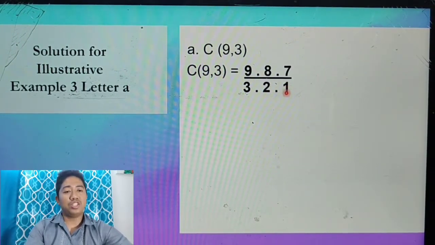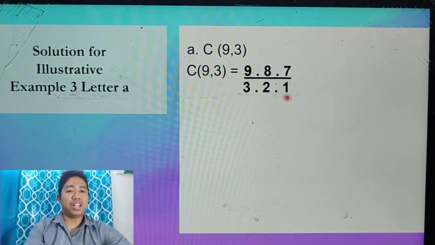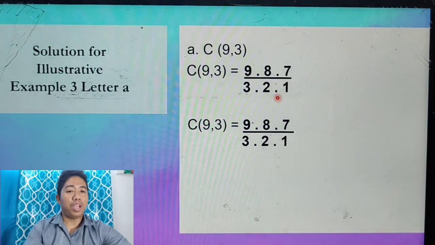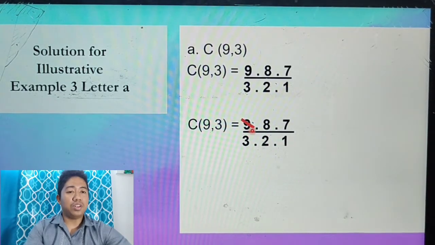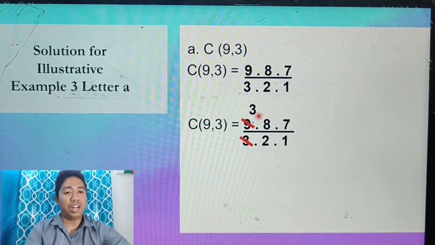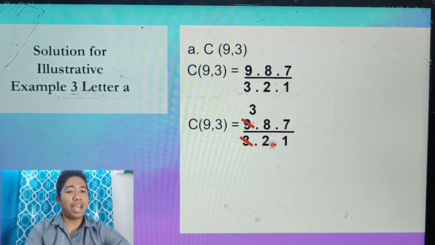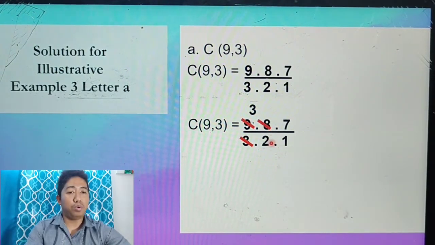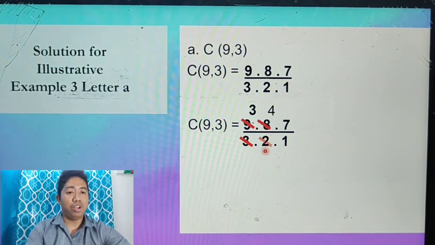And then the next process is to cancel out the factors on the numerator and the denominator. So let us start with 9. 9 can be divided by 3, which gives 3, and cancel 3 as well. So we have 3 on the numerator. And then 8 is divisible by 2. So 8 divided by 2, we get 4. So cancel out 2.